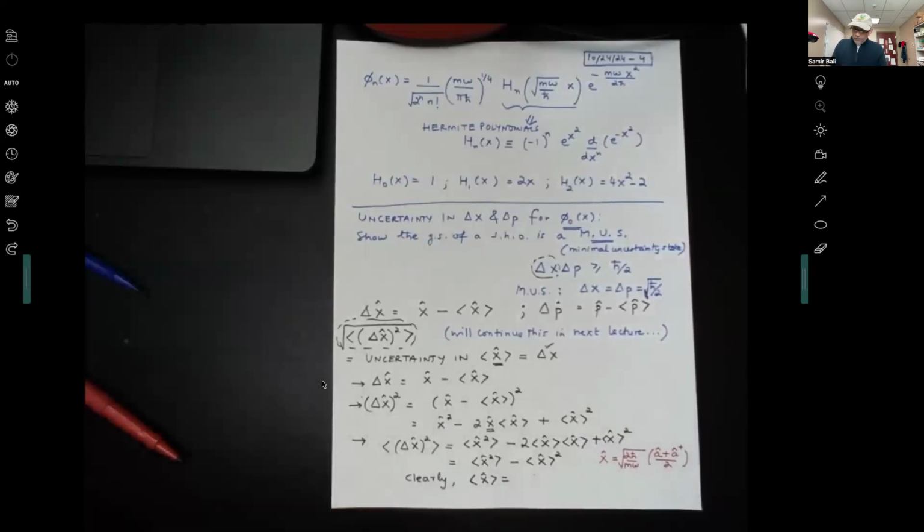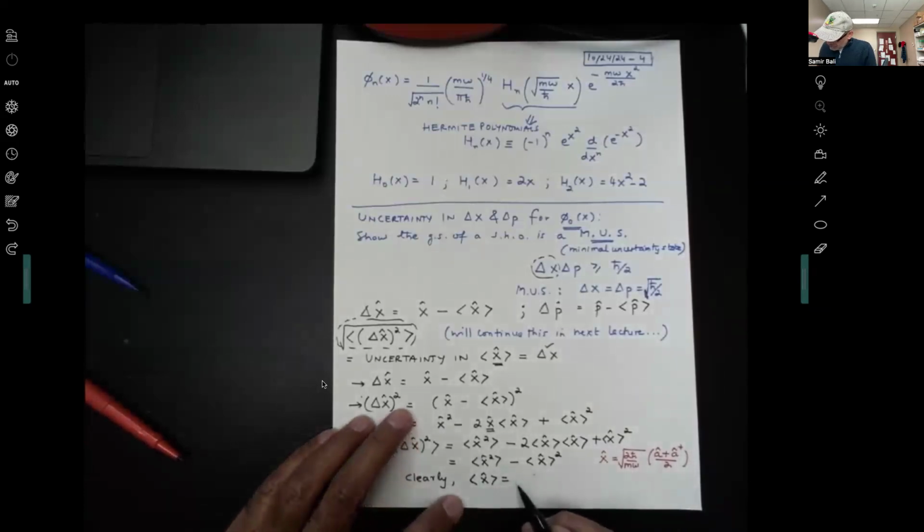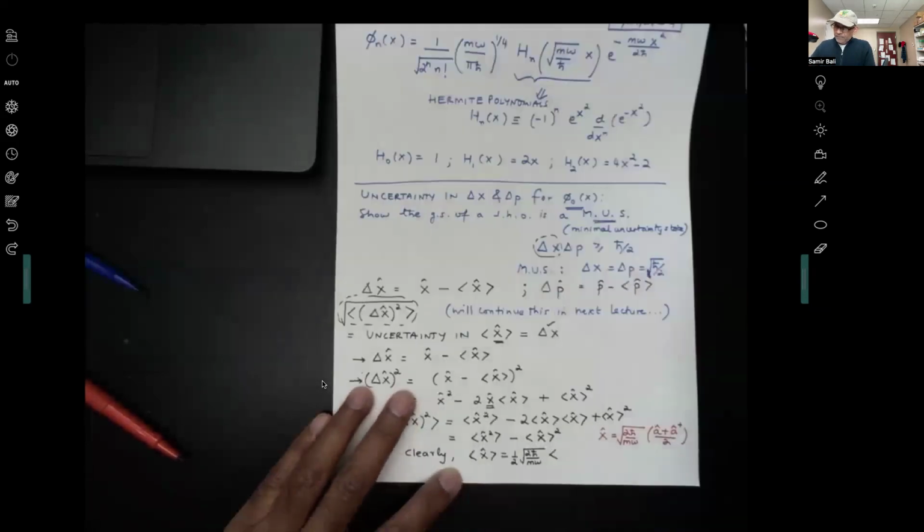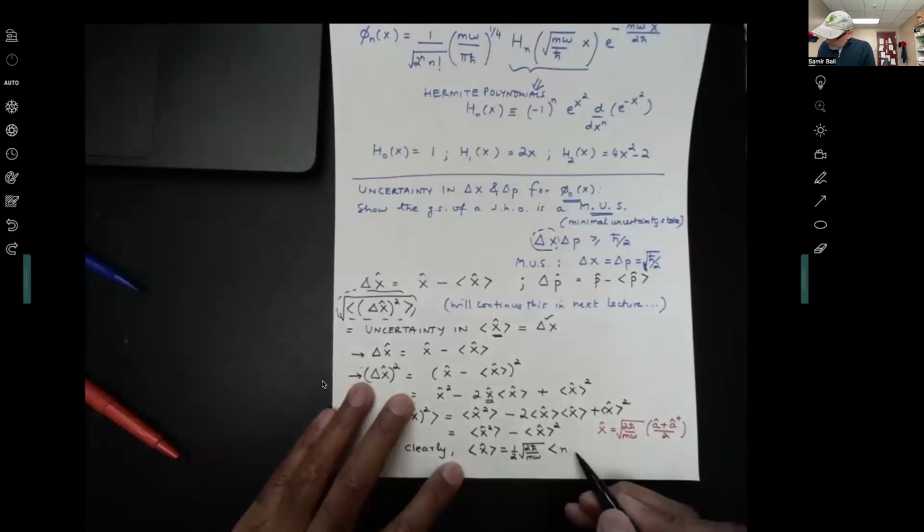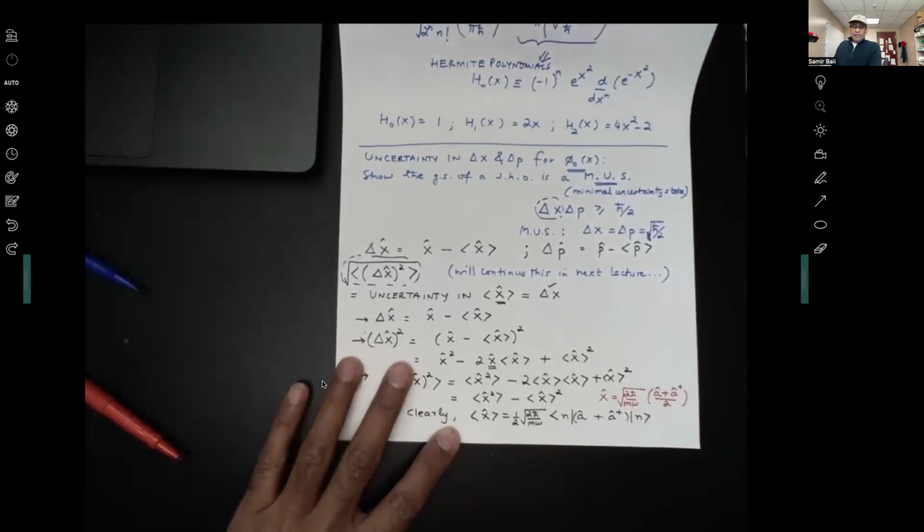And so if I find the expectation value of x, then I'm going to have square root 2h bar per m omega 1/2. And the expectation value means that between n and the operators I have are a plus a dagger, right?